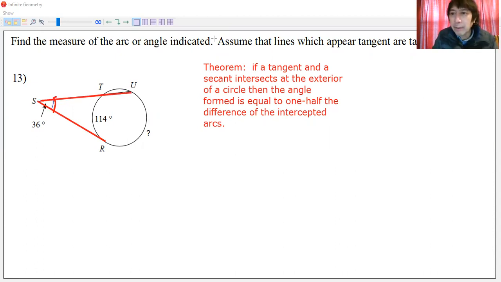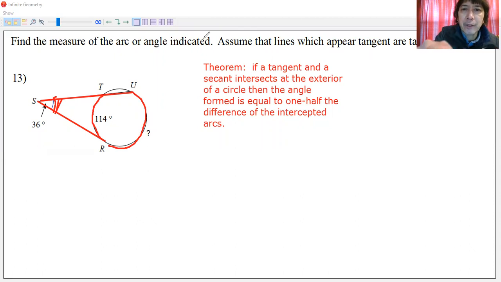The angle over here, which is 36, is equal to one half the difference of the intercepted arcs. It's this arc minus this arc divided by 2 is equal to 36.